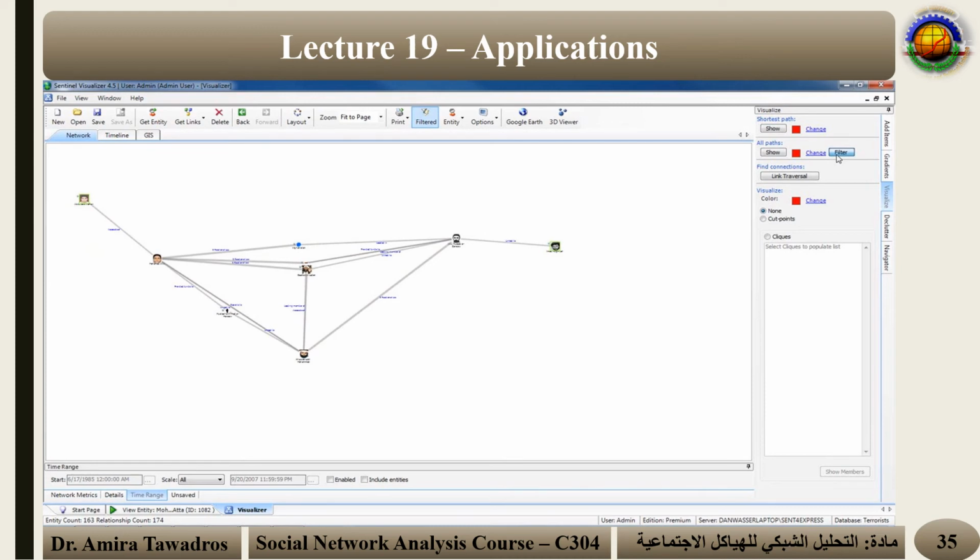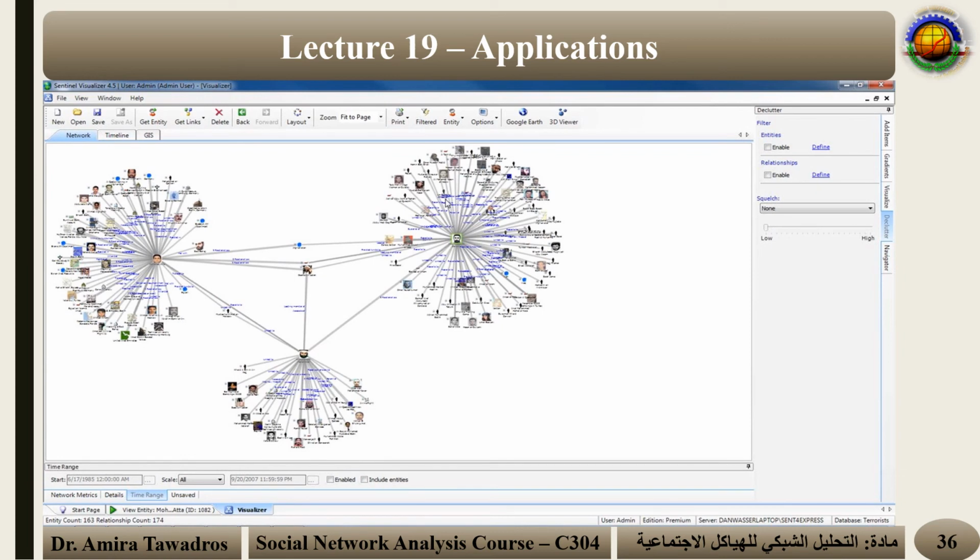This makes it easier for me to focus on these two nodes and all the possible paths that join them only. So again, that was an overview about how dynamic network analysis and dynamic social networks can be used to analyze and study terror networks in particular, but in general, organized crime and dark networks.